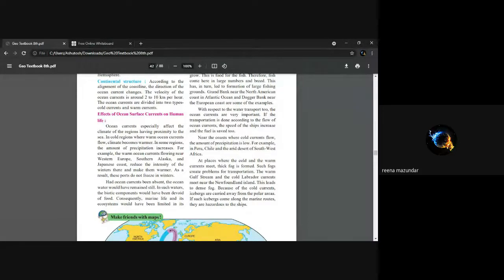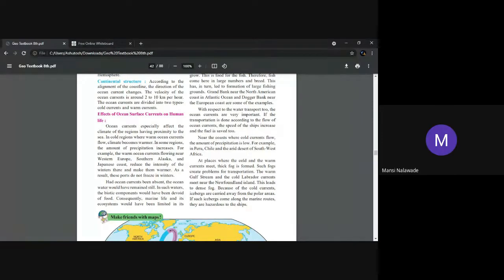Now my next question. What happens in cold region where warm currents flow? Effect of ocean surface current on human life. In that paragraph, third line, you can find out the answer. What happens in cold region where warm currents flow? Mansi.